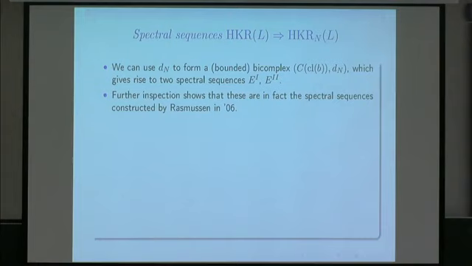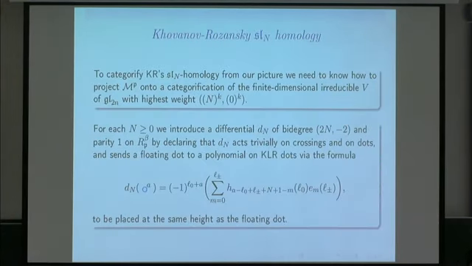This one can check by diagram chasing, and then moreover, we have a formula for the differential here, and we know that the chains in our complex are polynomial rings tensor with exterior, so floating dots.